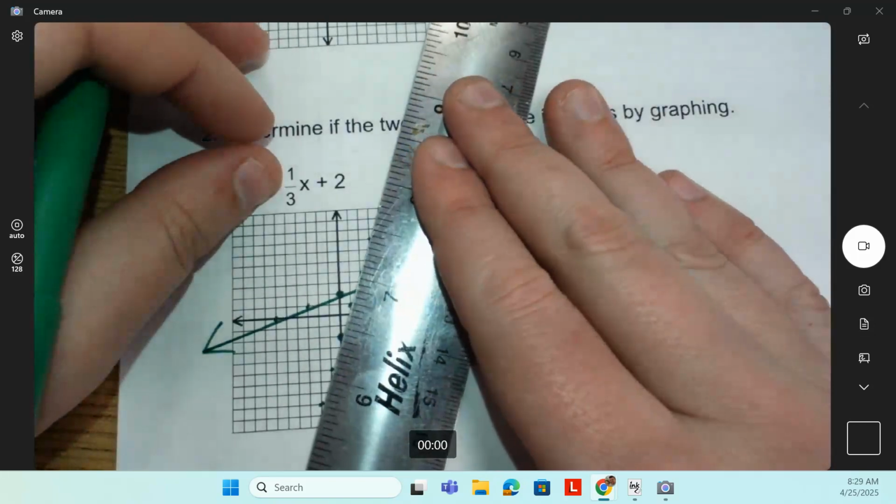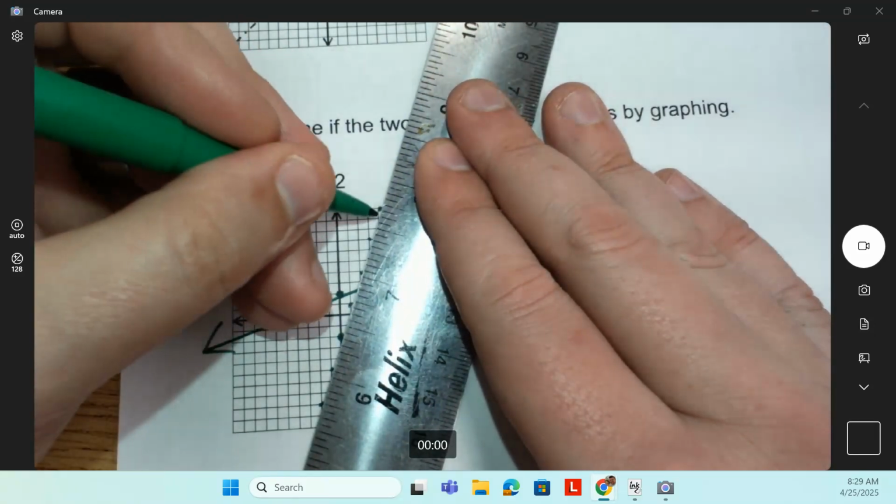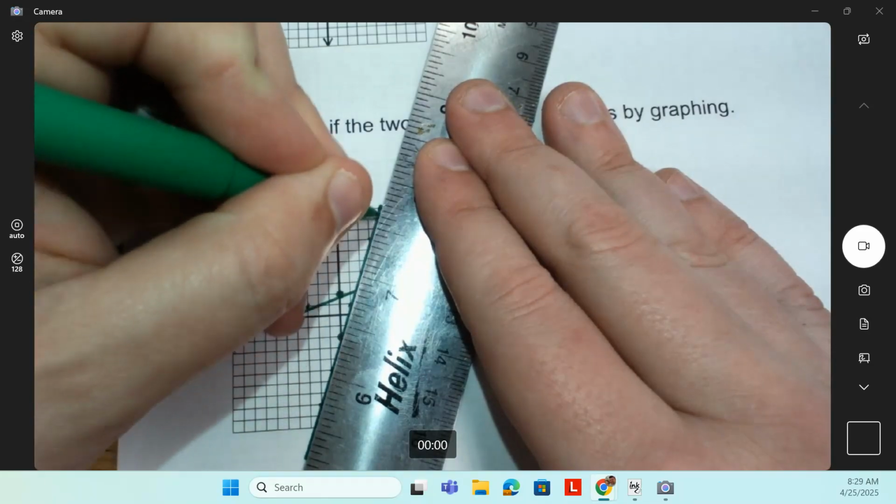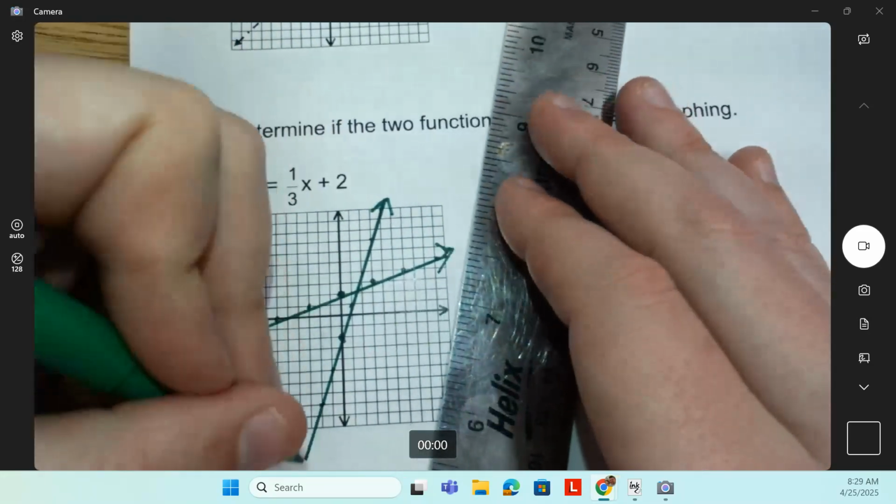We're going to try and see if graphically we can tell, are these inverses?